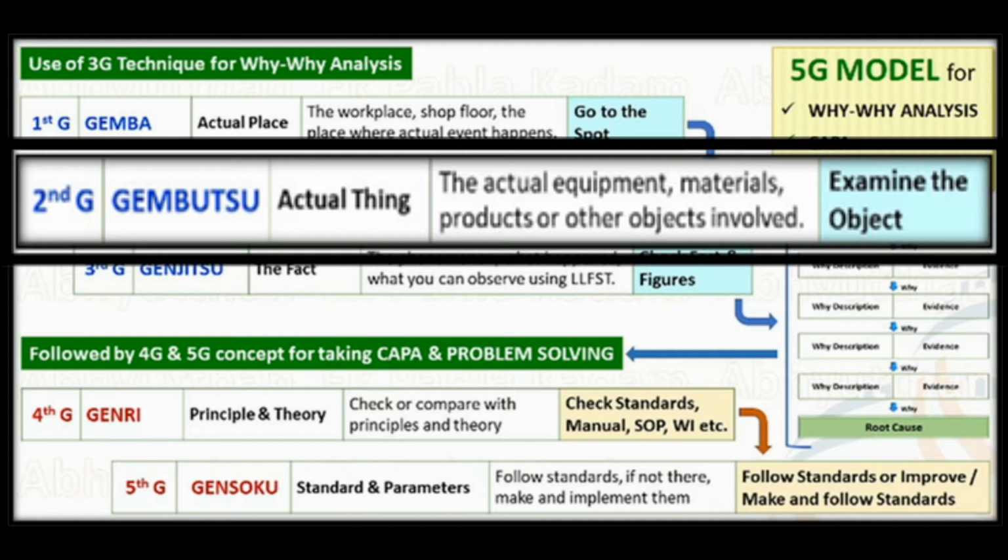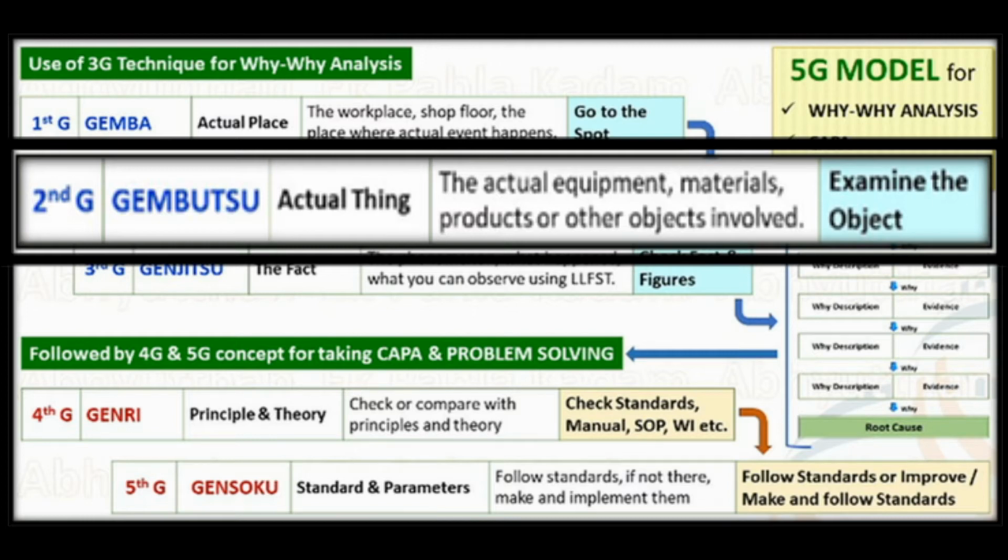In this second level, you have to identify the actual things, what happened at that particular place and what caused the problem for you. You have to collect information and examine the actual equipment, material, product, or other object involved in causing the problem or issue in any particular area or section.